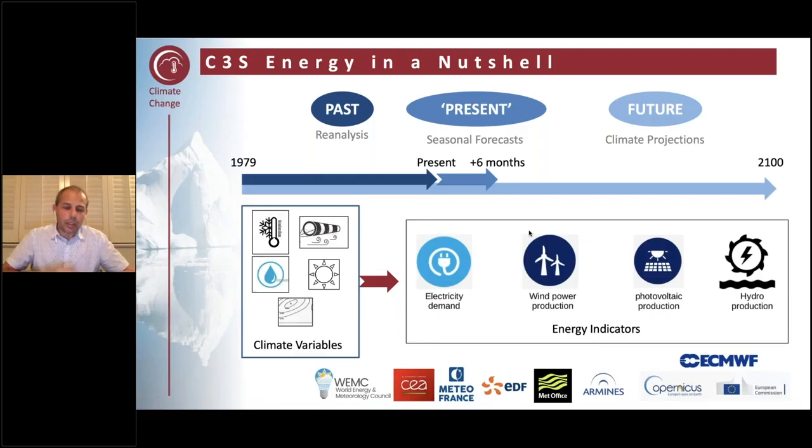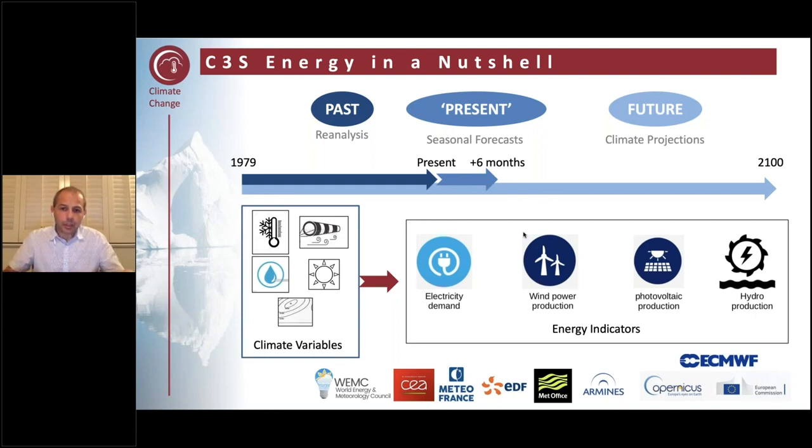We start by taking the best climate data we can, and try to improve it where we can. Sometimes there are biases and errors, so we do quality control on the climate first, and then we convert that into electricity. Here we talk about energy, but at the moment it's mainly electricity.